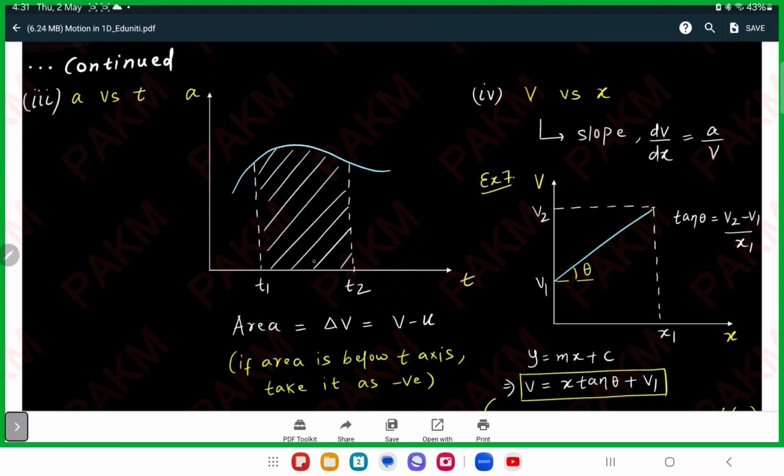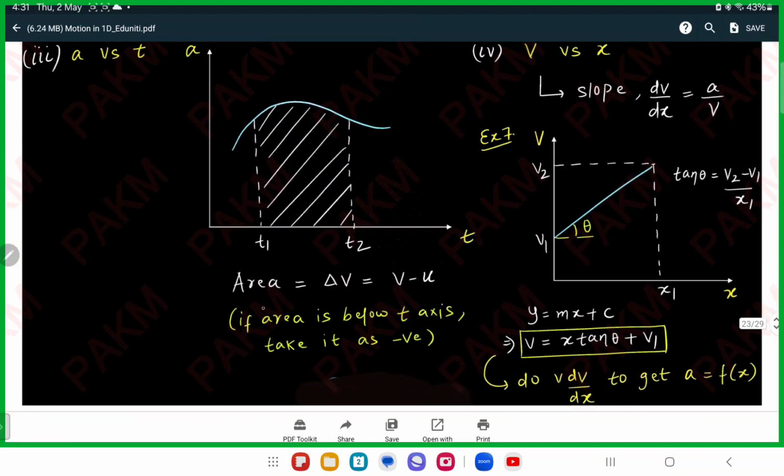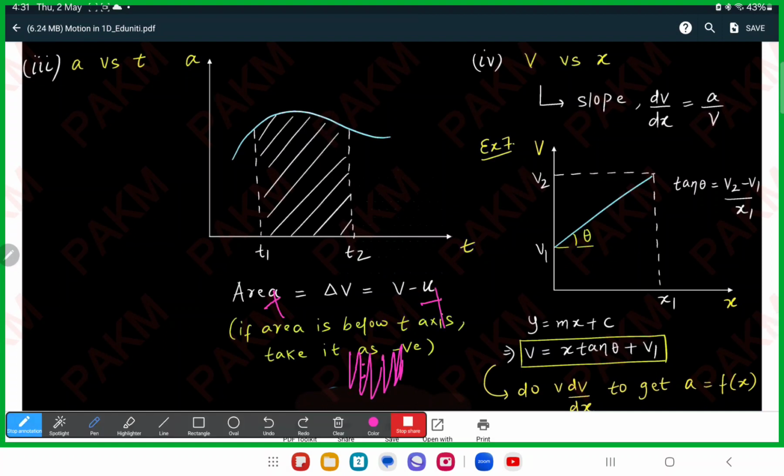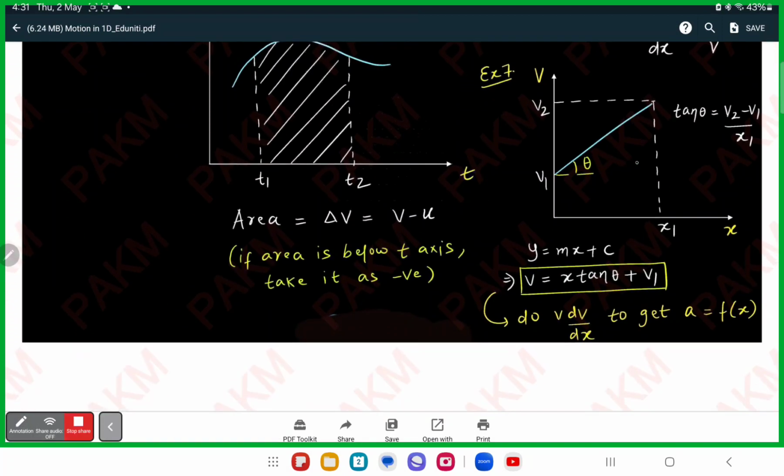Now acceleration versus time. Here you can see acceleration versus time. The area below is going to give us the change of velocity. The a-t graph, I told you, is going to give me change of velocity. Now the v-x graph, always remember the v-x graph, the basic equation: we can write v = u tanθ plus.